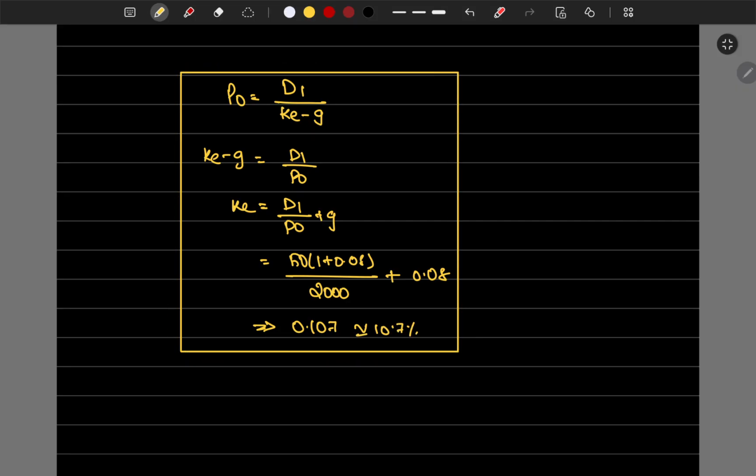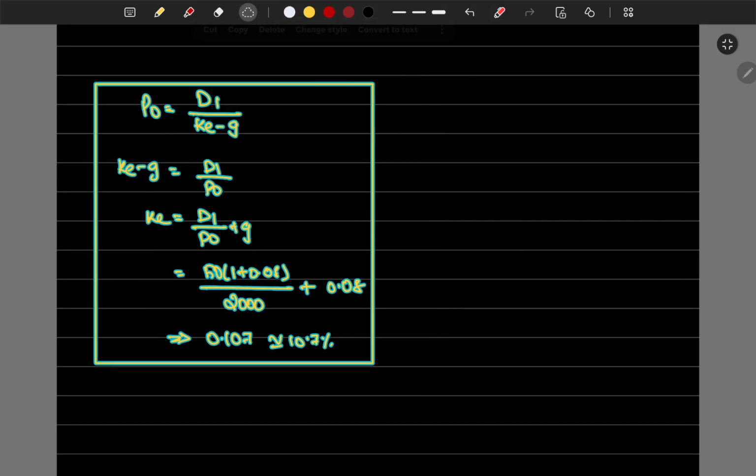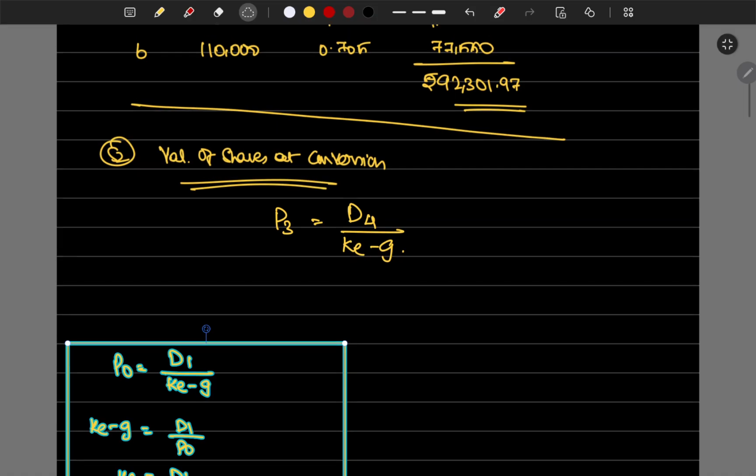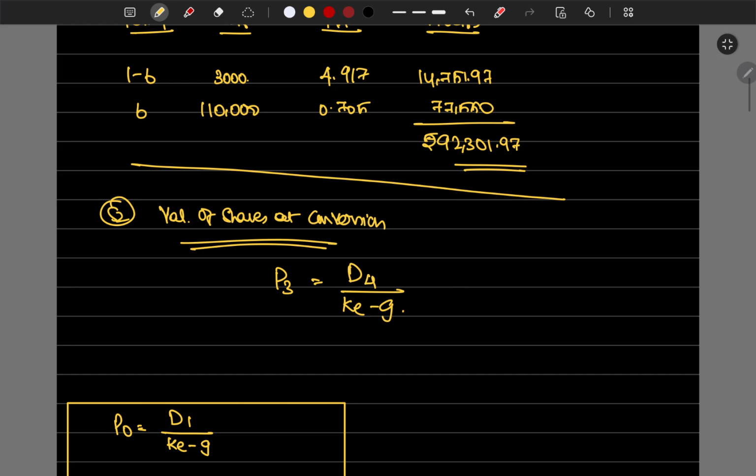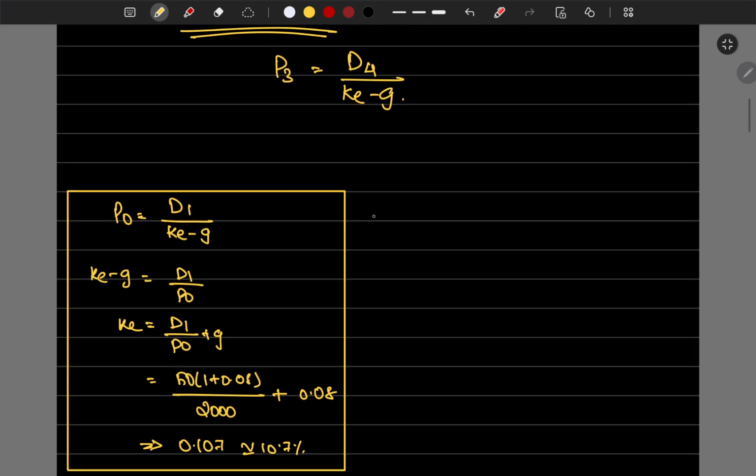Now we are going to incorporate this and find the present value price of the share at the third year. P3 needs D4, and for that we have to know the D values. So D1 is D0 into (1 plus G).